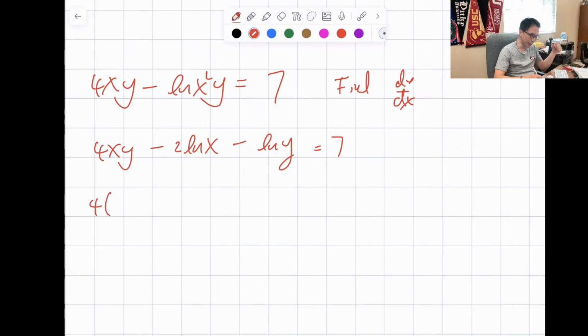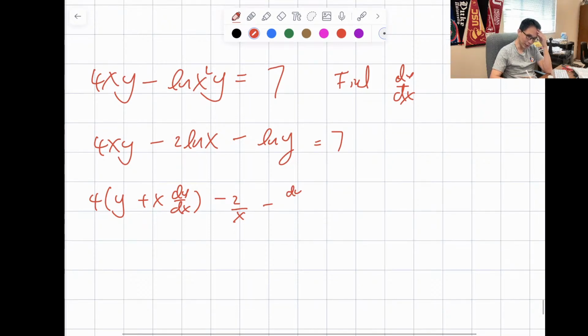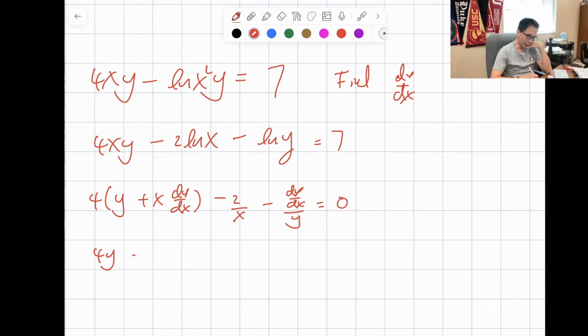It's 4y plus 4x dy/dx minus 2 over x minus (dy/dx) over y equals 0.